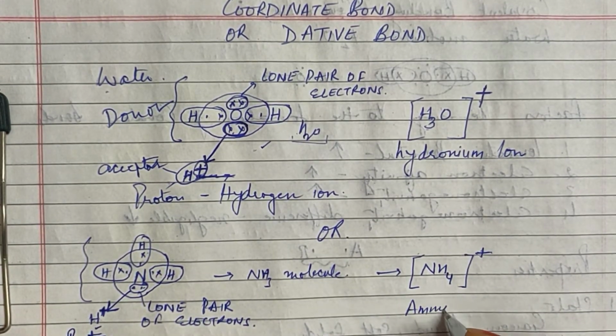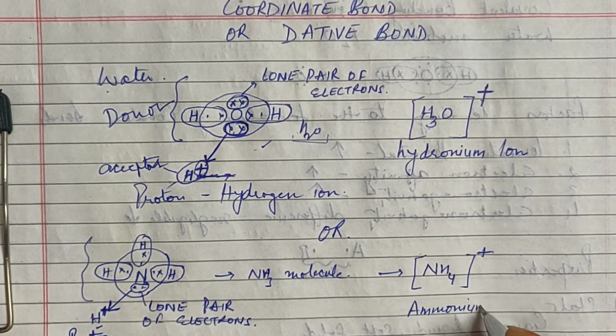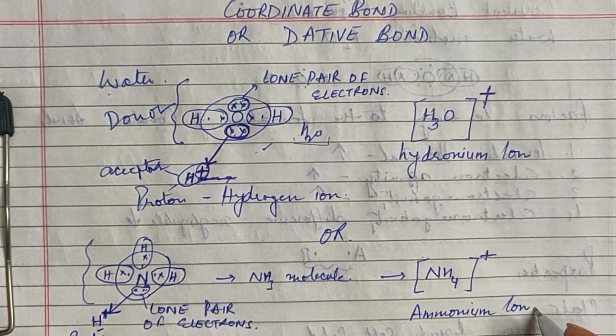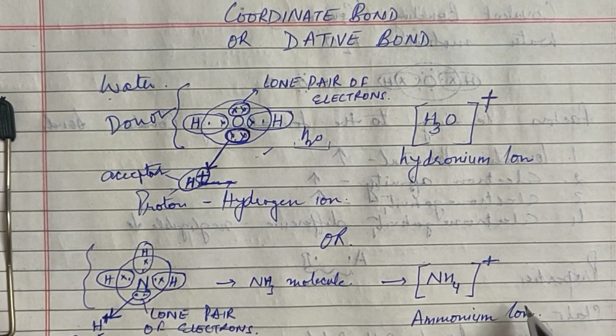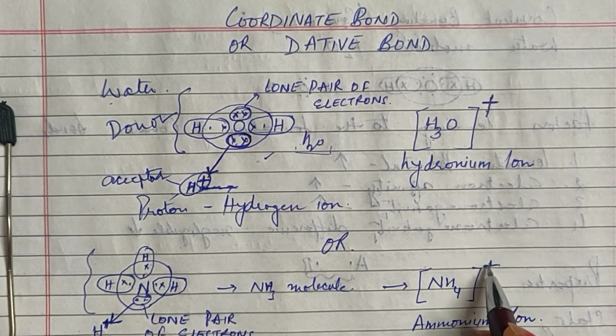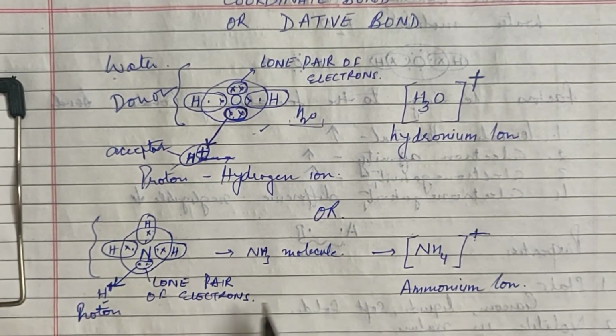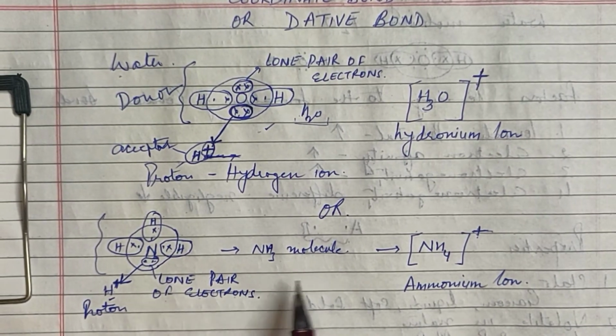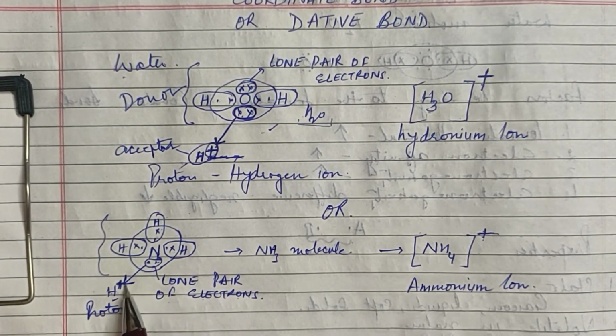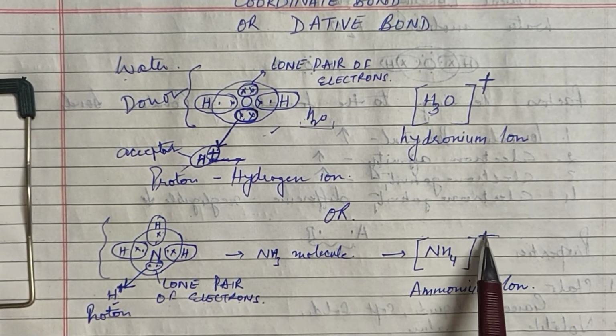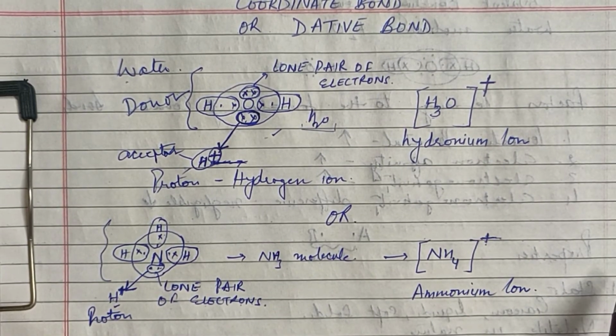This one is called the ammonium ion. So if you are asked what makes the ammonium ion positively charged, you will say the lone pair effect. It is because of the presence of a lone pair of electrons that it has shared its electrons with the hydrogen ion, and thus the entire molecule has acquired a charge.